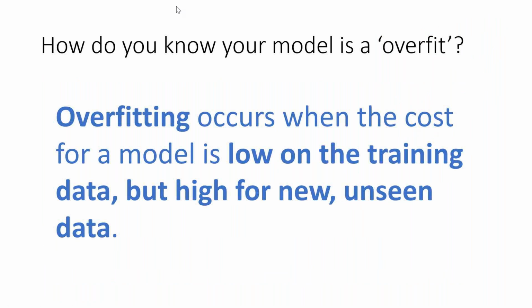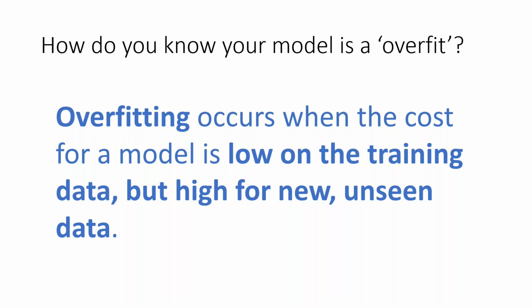Okay. So overfitting occurs when the cost for a model is very low on the training data, minimized, or for the example we have taken, it is 0. Overfitting occurs when the cost, the C, is very low for training data but high for new unseen data.